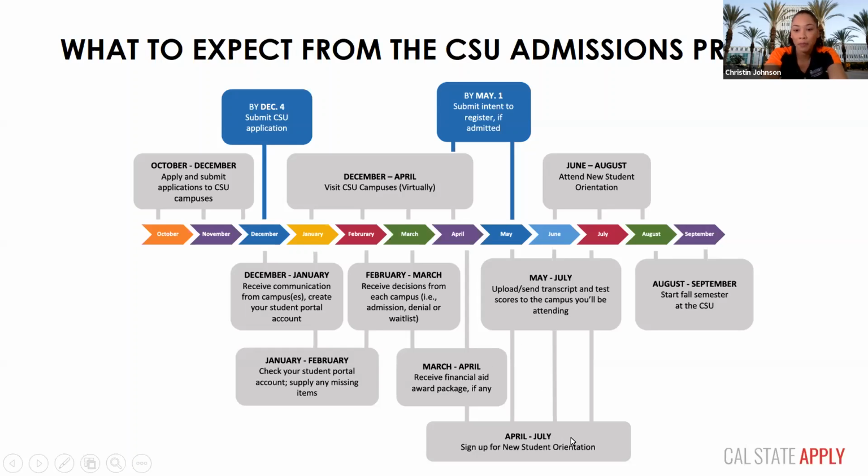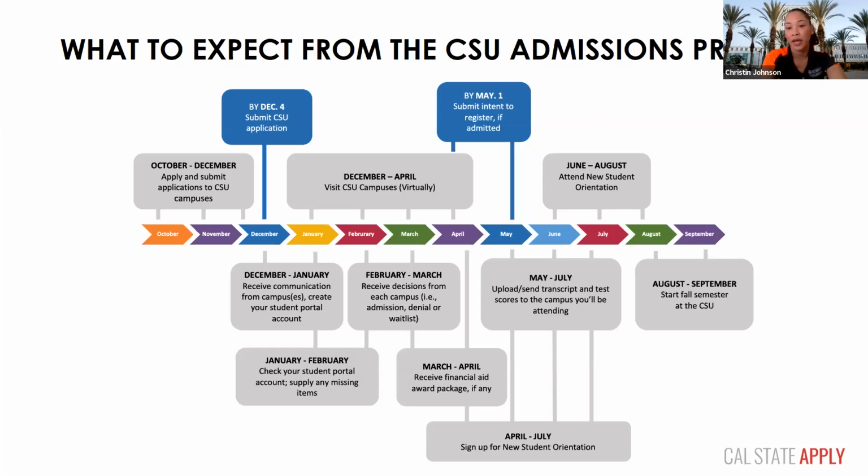Then April through July is when you would sign up for your new student orientation. Orientation typically happens during the summer months of June through August. May 1st is the last day to accept your admissions offer, so if you get offered admission, make sure that you accept your offer.